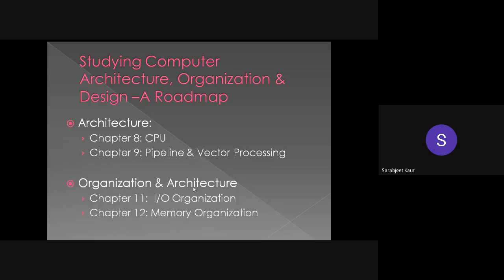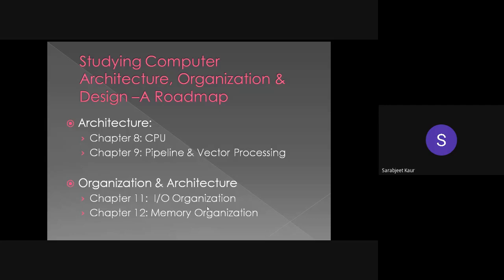Now the next is architecture. Architecture is majorly covered in the CPU chapter, which is the 8th chapter, and the 9th chapter, pipelining and vector processing. Here we will talk about parallel systems, where, as I was telling you, there might be a single control unit and multiple ALUs, and different variations of these kinds of processors.